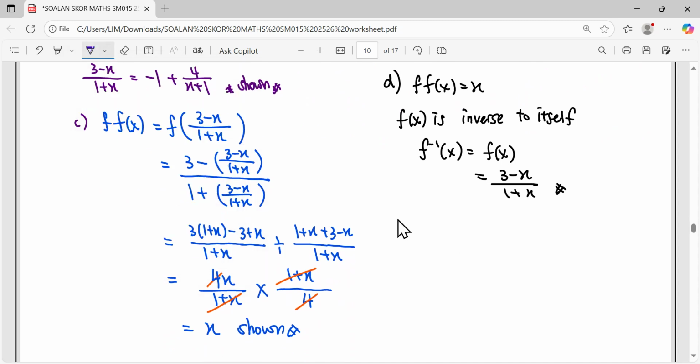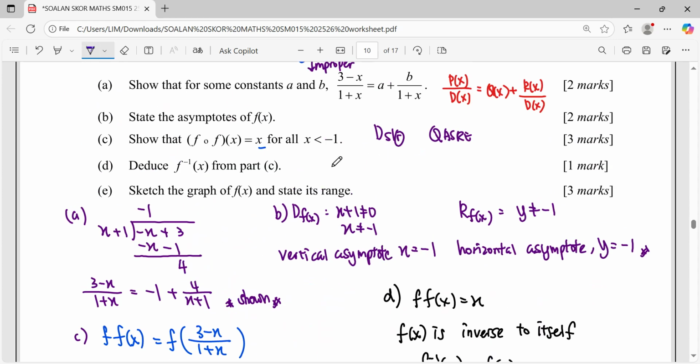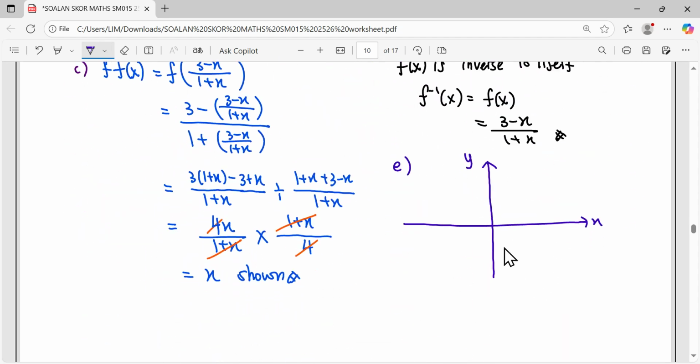So question E. X-axis, y-axis labeled, and from the beginning of the question, we know the asymptotes: x equals -1 and y equals -1.